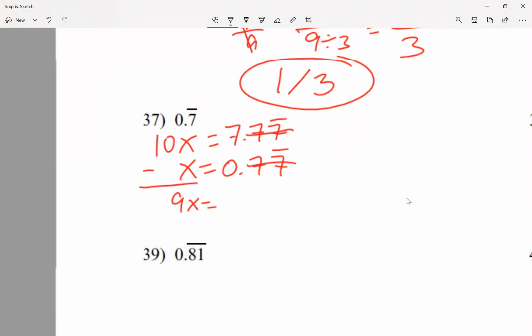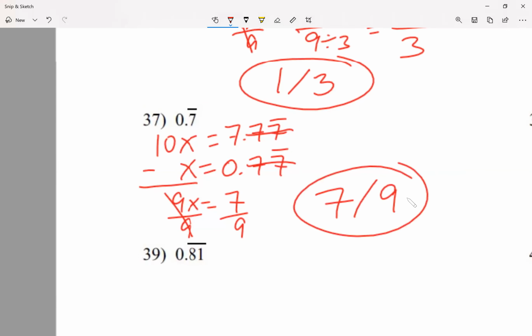So I have 7 minus 0, that's 7. Let me divide both sides by 9. So I get that x is equal to 7 over 9. Now that one I cannot simplify anymore. So my answer will be 7 over 9. Notice I multiply by 10 because it's only one number that keeps on repeating. When it's two numbers that keep on repeating, I multiply by 100.